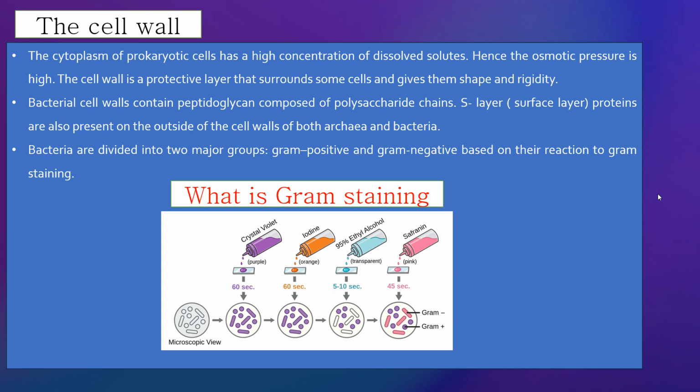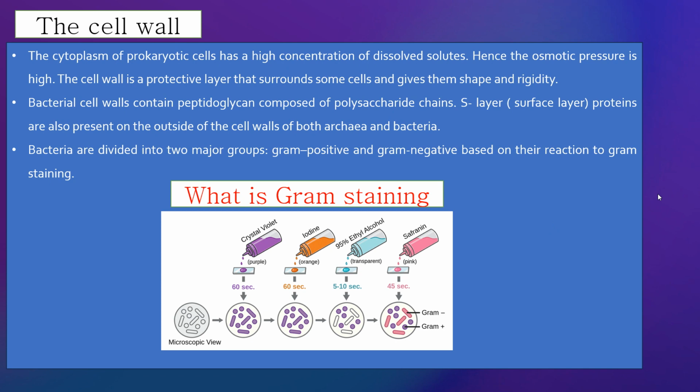The cell wall is a protective layer that surrounds some cells and gives them shape and rigidity. Because of the high concentration of dissolved solute and high osmotic pressure, the cell can burst at any time, right? That's why the cell wall is present to give protection.